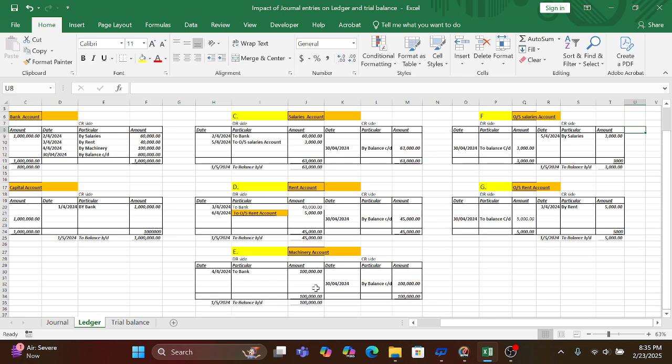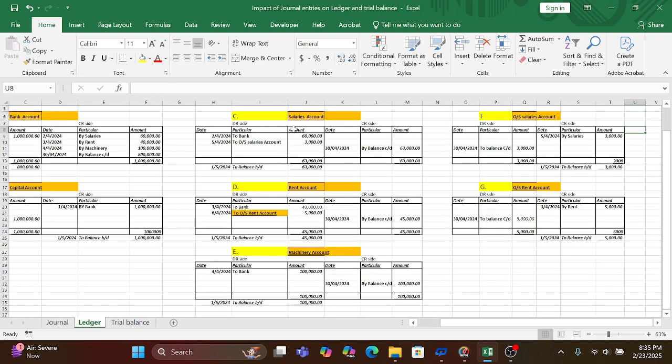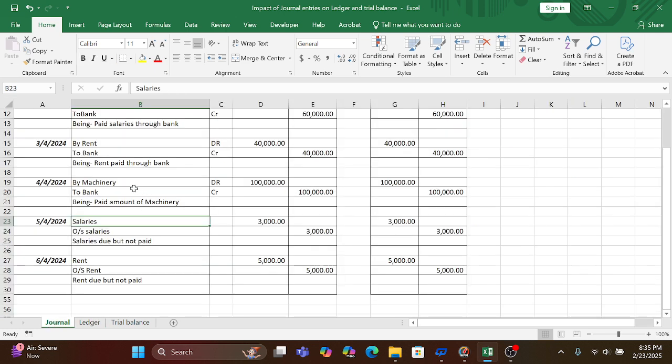In a salary account, I have already prepared the salary account here.